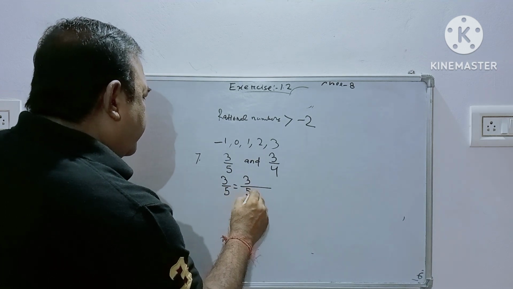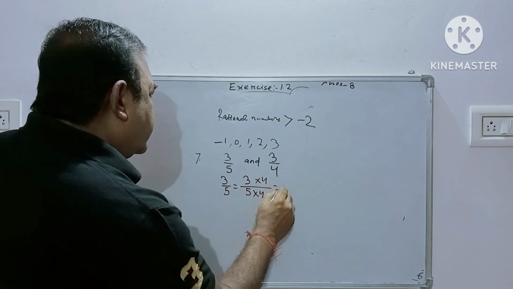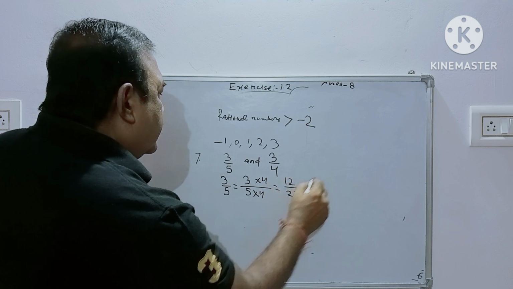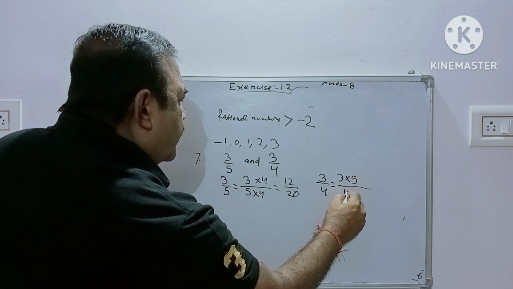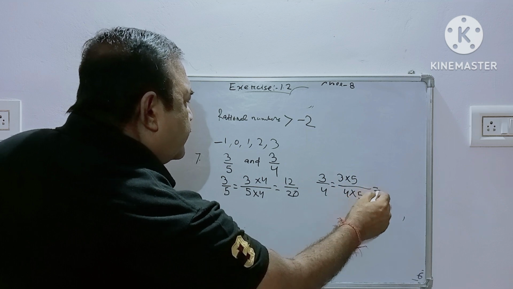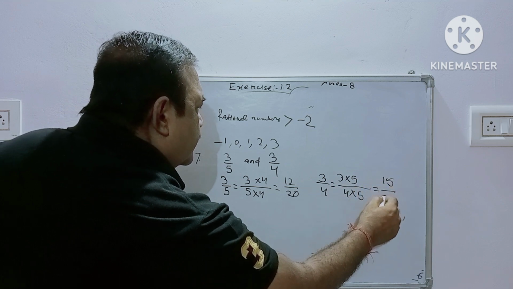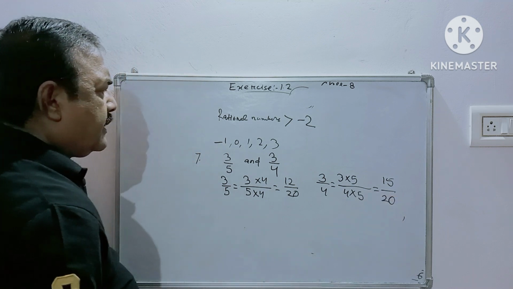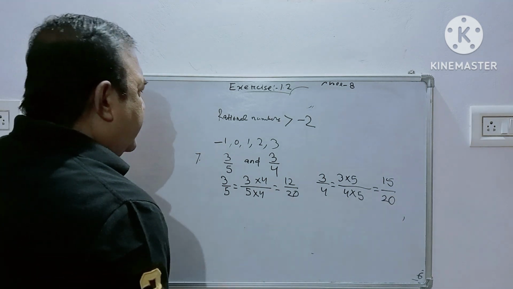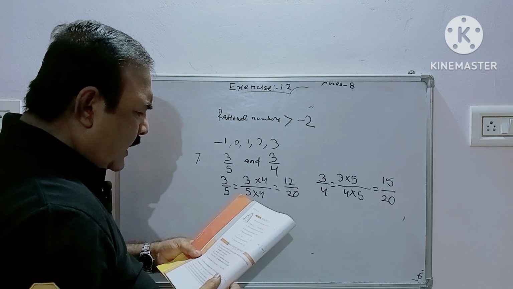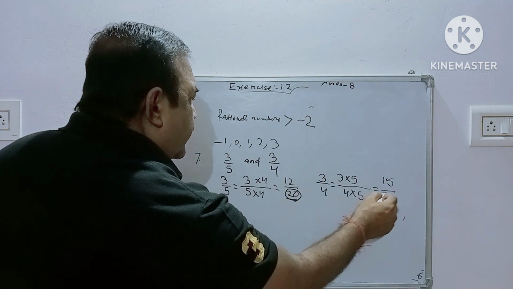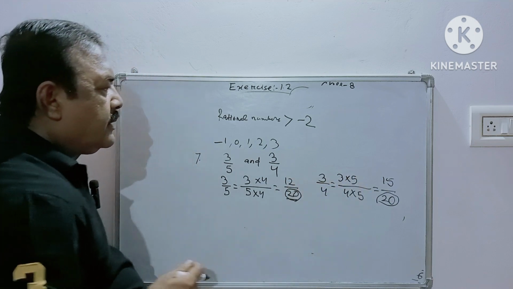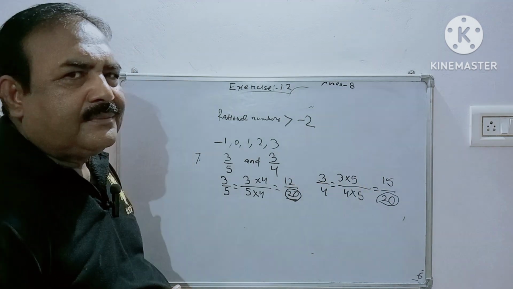So 3/5, 5 into 4, 3 into 4, that is equal to 12/20. 3/4: 3 into 5, 4 into 5, because the denominator should be 20. So we can compare. How many rational numbers have we been asked? 10 rational numbers. Here the denominator is 20. From 12 to 15: 13, 14.